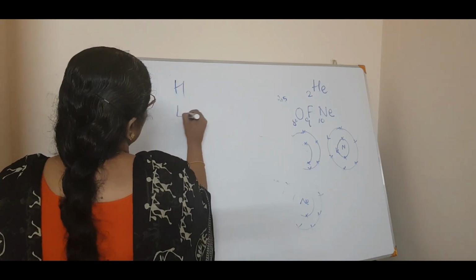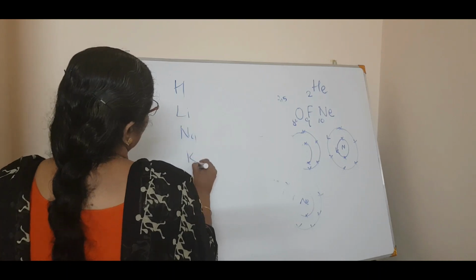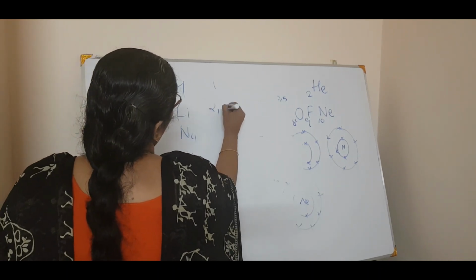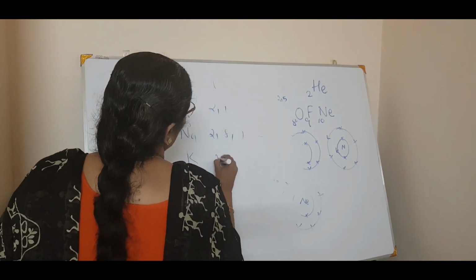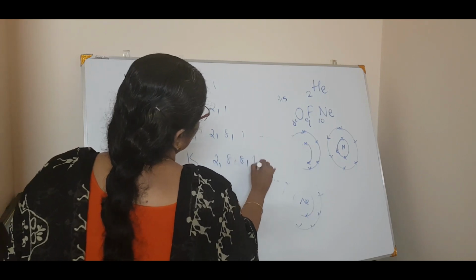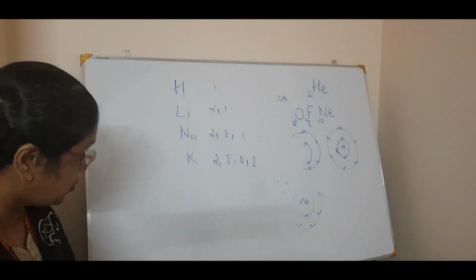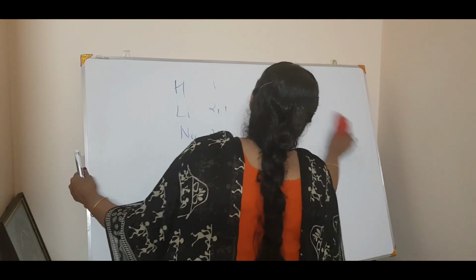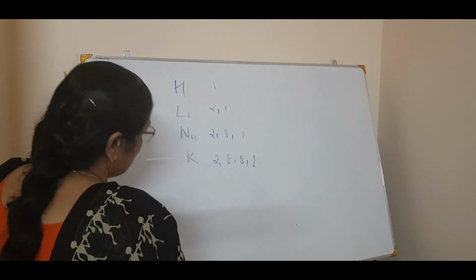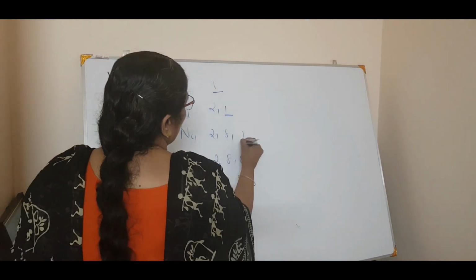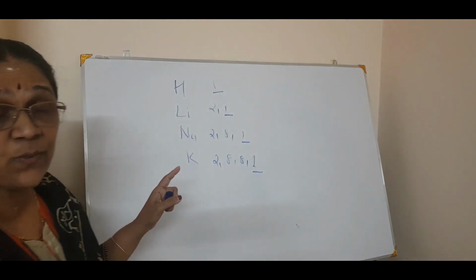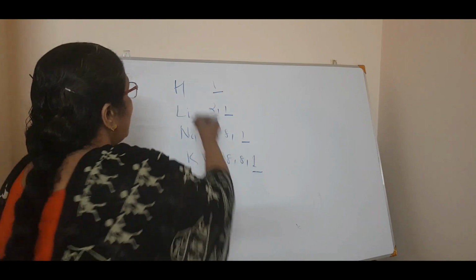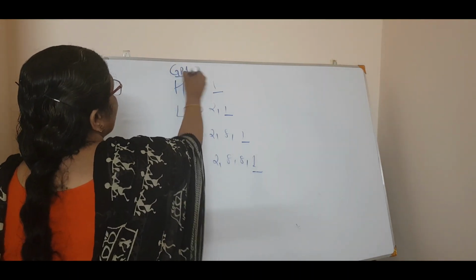If it is hydrogen, lithium, sodium, potassium: 1, 2 1, 2 8 1, 2 8 8 1, isn't it? Which means the outer electronic configuration is same. That is why since it is 1, it is under group 1, correct?